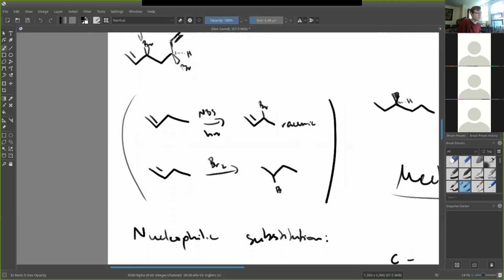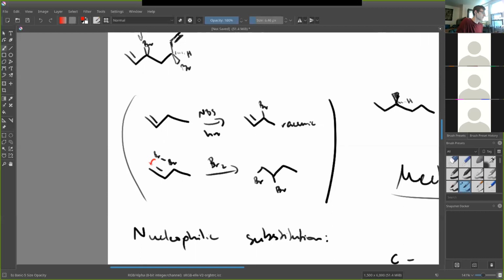So what happens is the bromine literally sits on that double bond, okay? So this bromine looks like this, right? What actually happens is that it just goes here and then it goes there. I'm not going to draw the electrons moving yet because that's something that we'll deal with later.